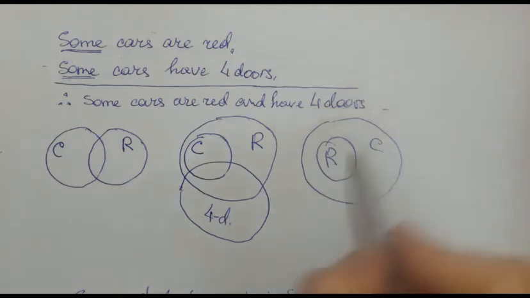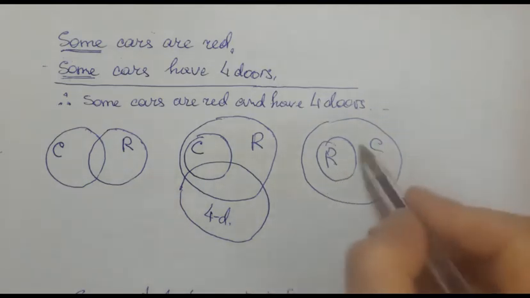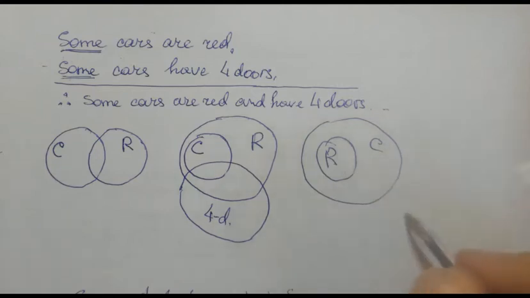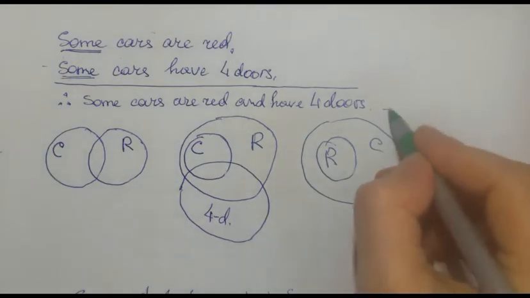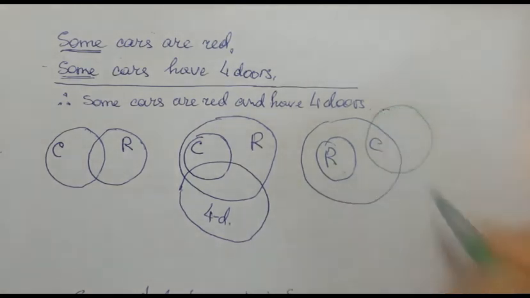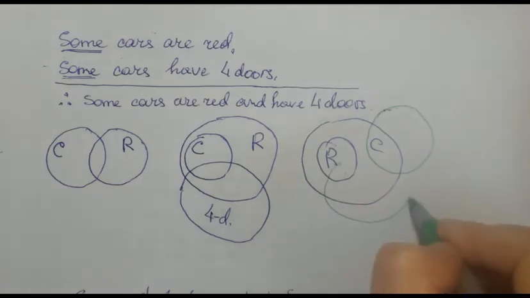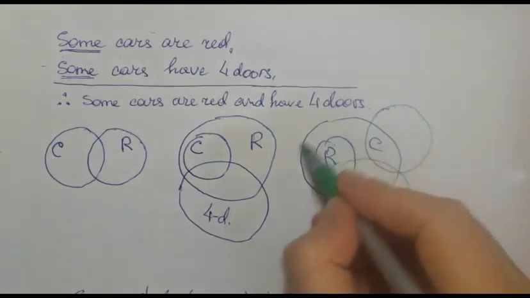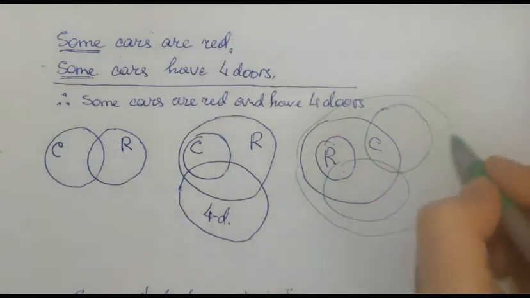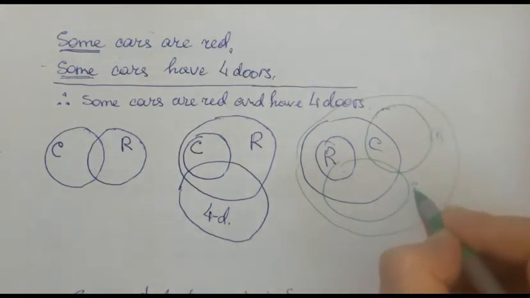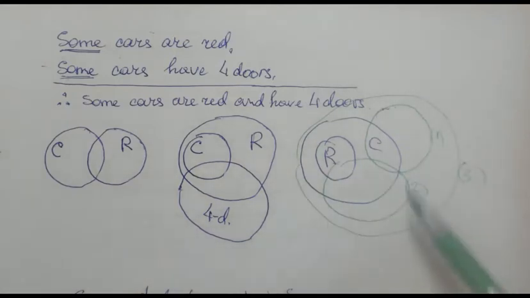For example, this picture can be completed by drawing this third circle not overlapping red things, or partially overlapping red things, or completely overlapping. So 1, 2, 3. I have drawn 3 different variations for this third circle on one picture.